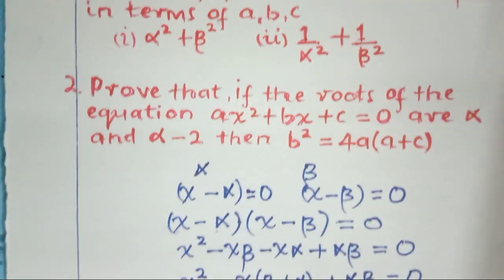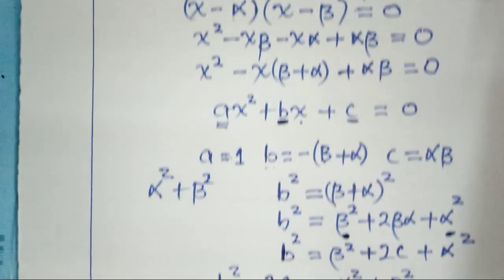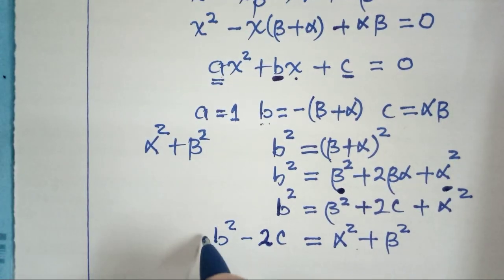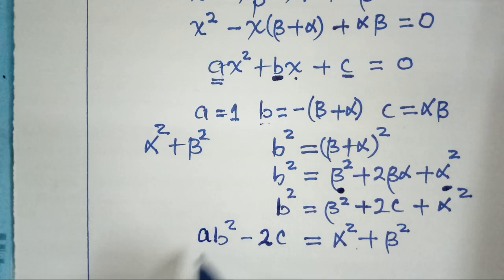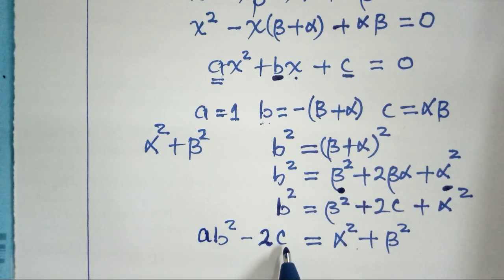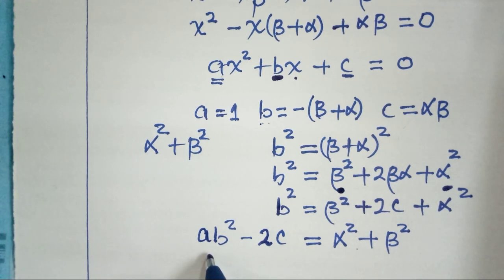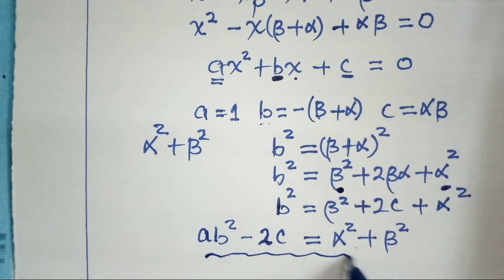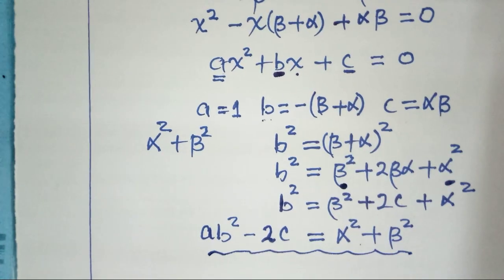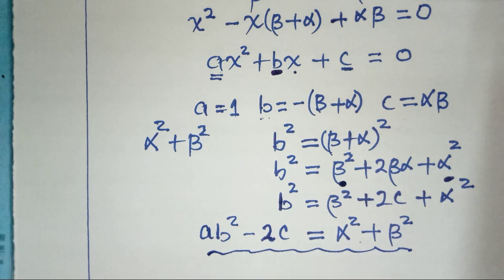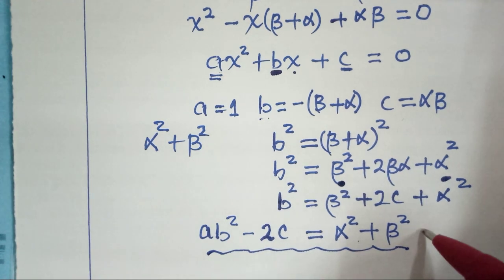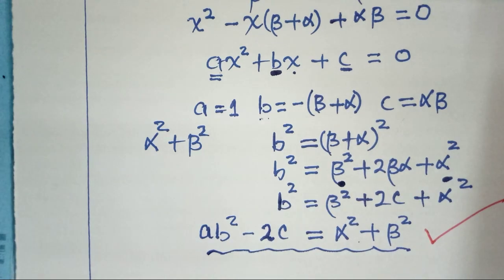Because our a is equal to 1, we can put it anywhere, maybe here, or even here. Any place is okay because it is 1 and 1 does not change the equation. So guys, this is now our solution for that, and that is good for us because we are still continuing.